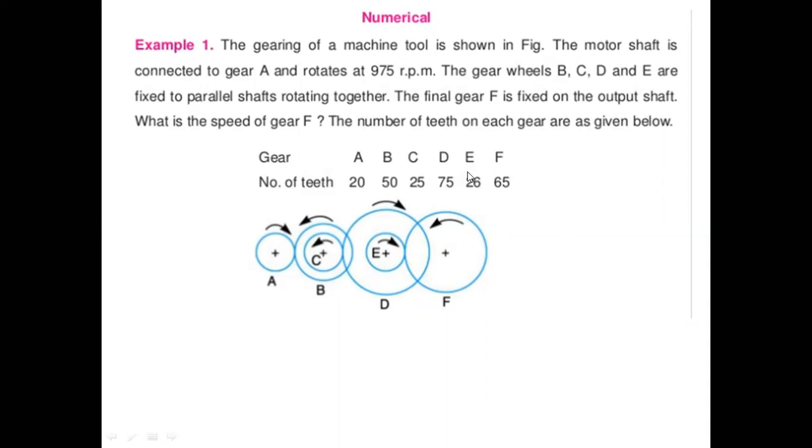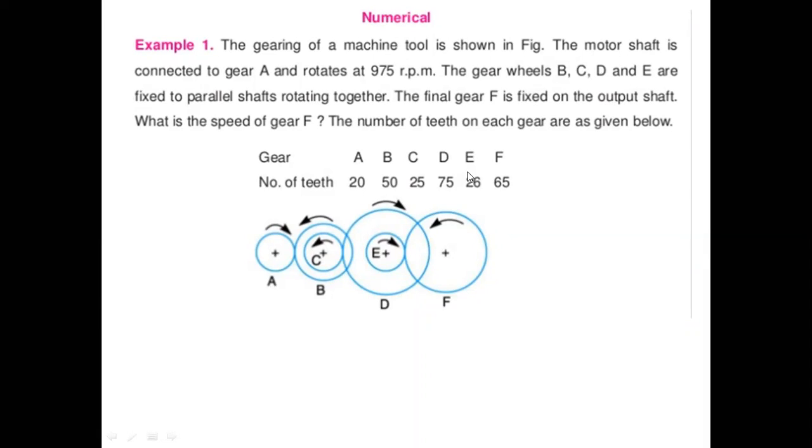So the large speed reduction is obtained because of the use of the gear train, and the direction of the output shaft is also reversed due to this gear train. This is the application of the gear train.